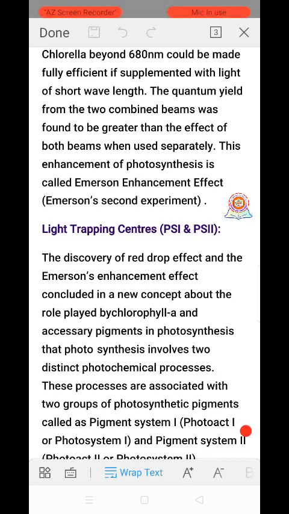Light trapping centers, that is photosystem 1 and photosystem 2.